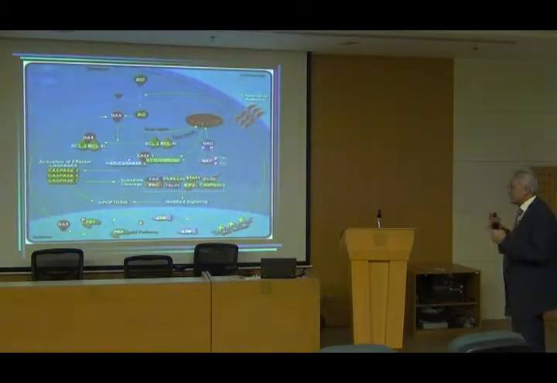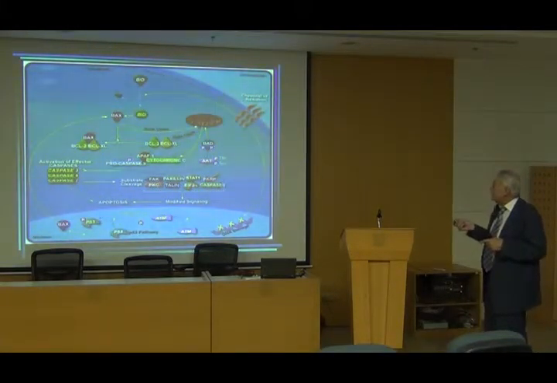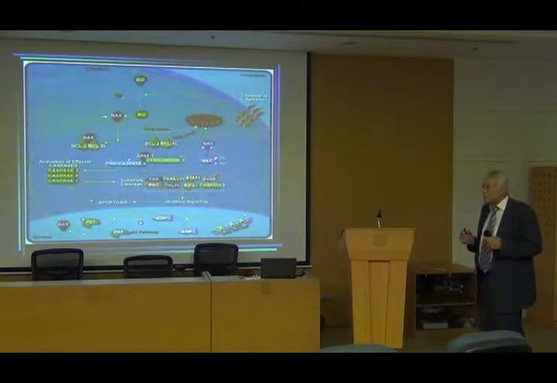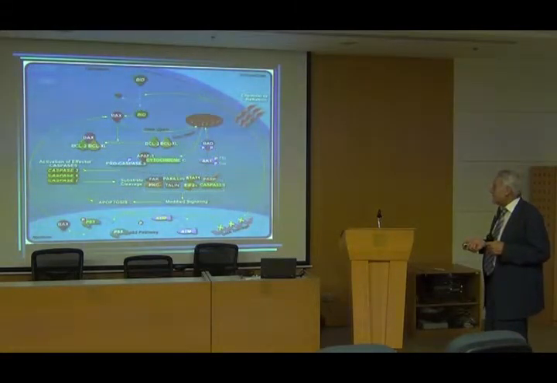The caspase cascade is started by a defect of the mitochondria. And this leads to apoptosis and DNA damage.